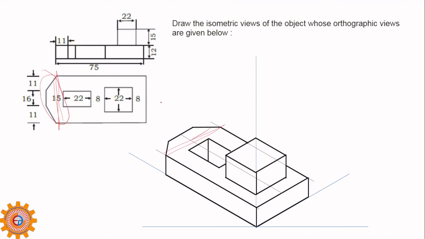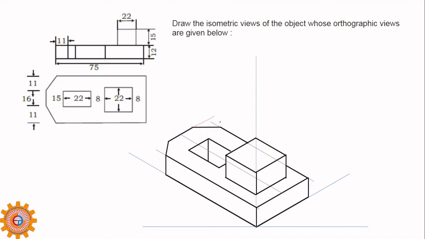So you can observe how to draw. So this height is 12. So this is 12. This is 12. This is 16. At the gap here it is 15. That is 11. Okay. So you can understand this is 11. And this is 11. So this is chamfered like.